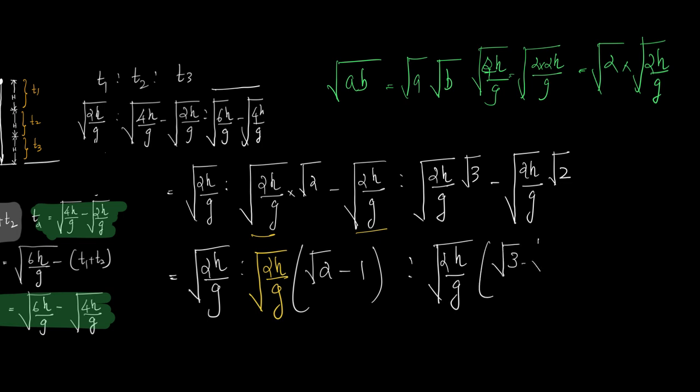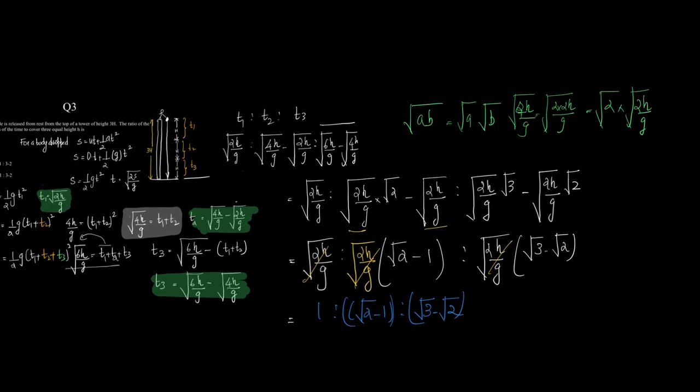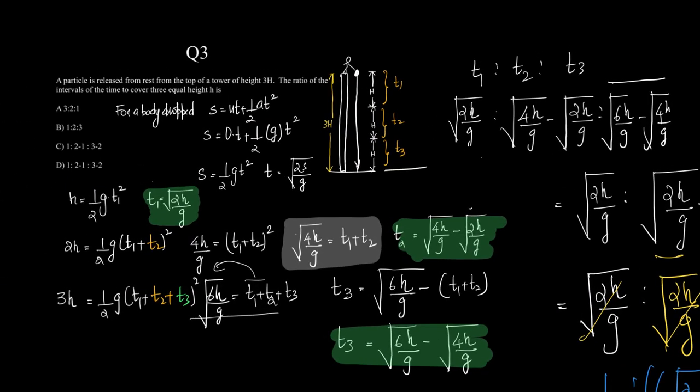Root 3 minus root 2. Now, we can cancel off this root of 2h by g from every term. So, what we get finally is 1 is to root 2 minus 1 is to root 3 minus root 2, and that gives the final answer to be option D.